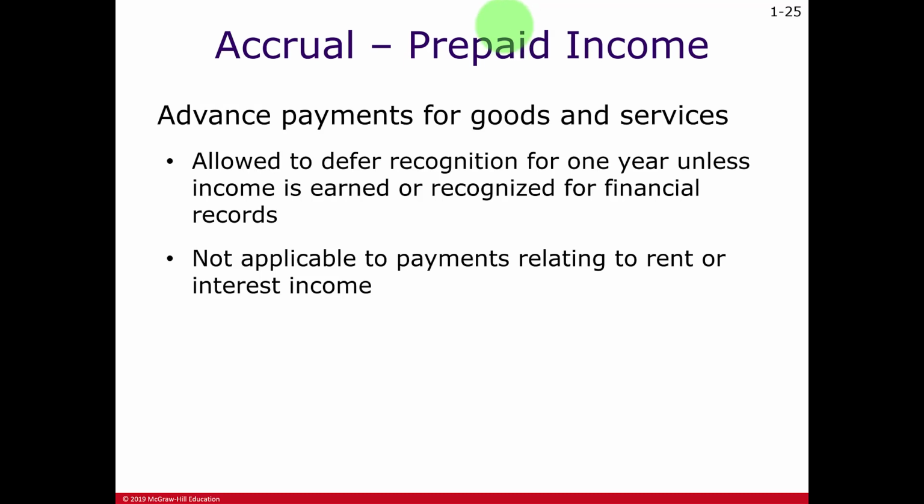If the amount is reported as deferred on your financial statements, you get to defer at least up to next year anything that work is done for the following year after the year is over. This exception doesn't apply to any prepaid rent you receive or any prepaid interest you receive. Those amounts you have to report right away.